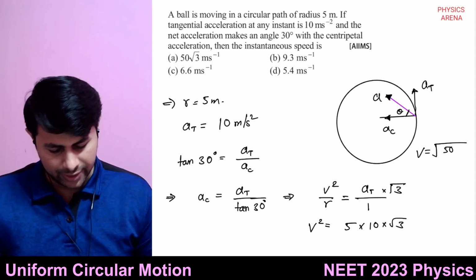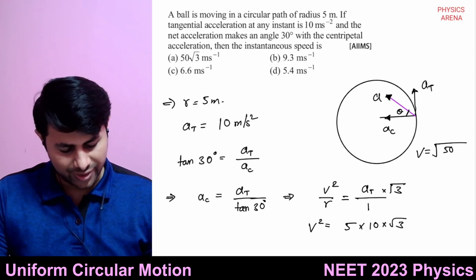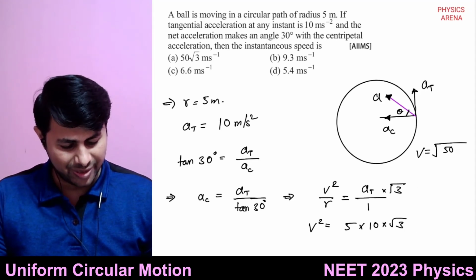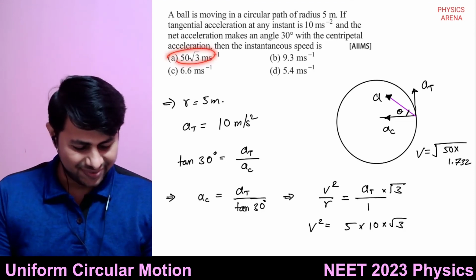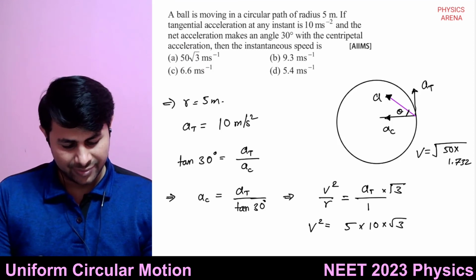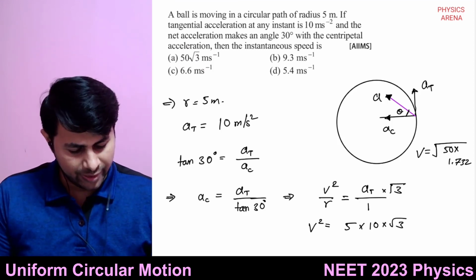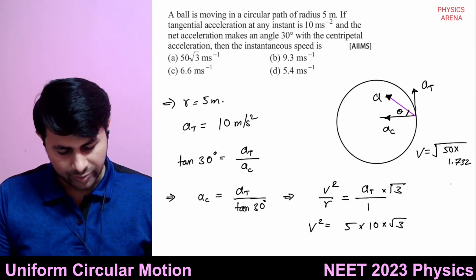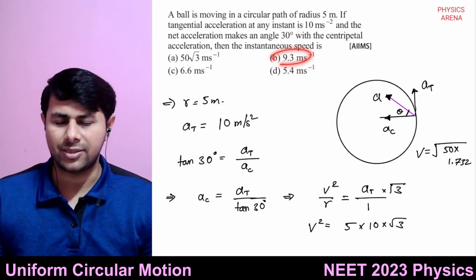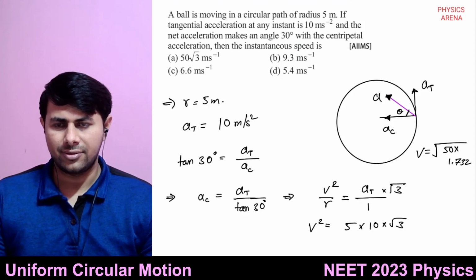Okay, so directly it is not given. Square root of 50 multiplied by 1.73. I thought this is the answer. So it will be 7 multiplied by something, 1 point something, so 9.3 would be the answer, right?